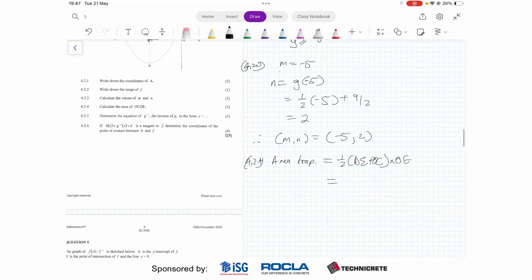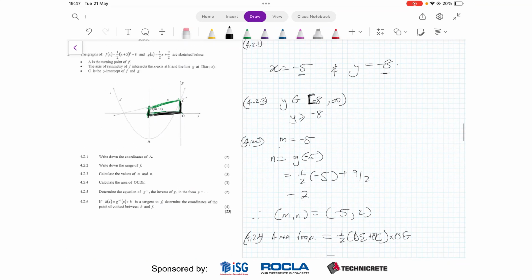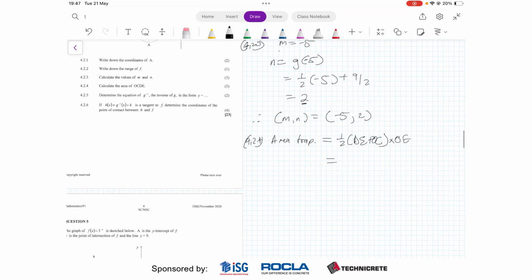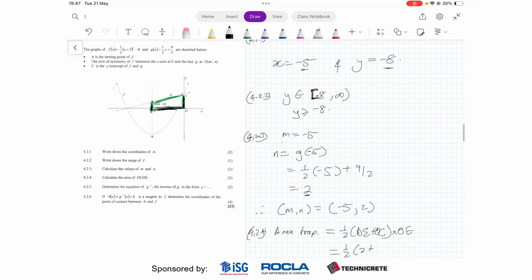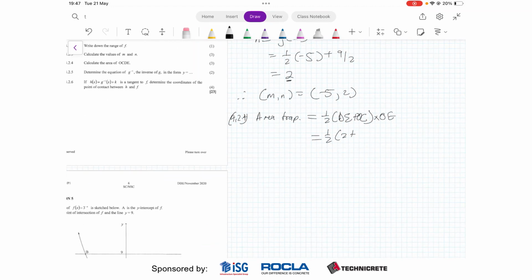Now DE is the distance between here and there, which means it is the value of y, that is 2. So that's going to be 1/2 into 2 plus OC. OC is the distance between here and there, and that is the y-intercept of the line g, which is 9/2, multiplied by OE.